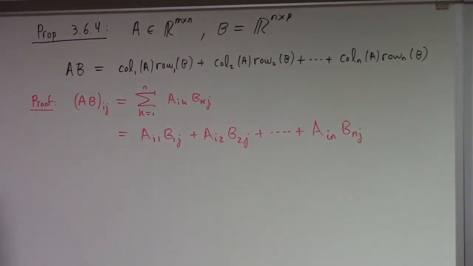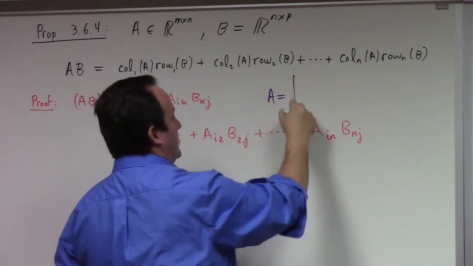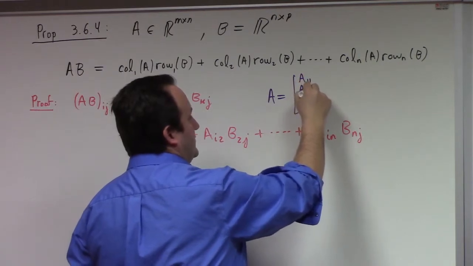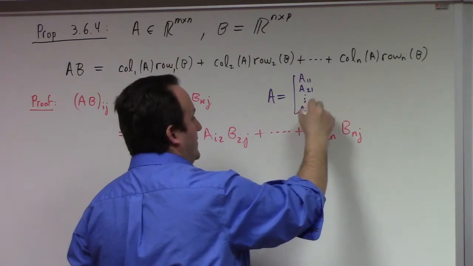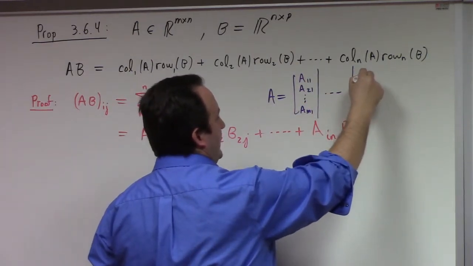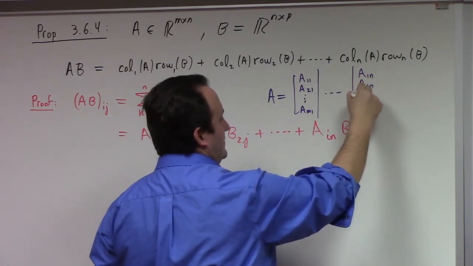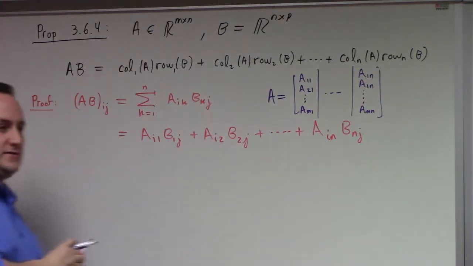Part of my stupidity at the moment is that I'm not thinking enough about what these look like. So A_11, A_21, and so on, down to A_m1, and eventually we get to A_1n, A_2n, and so on, A_mn. That's what A looks like.